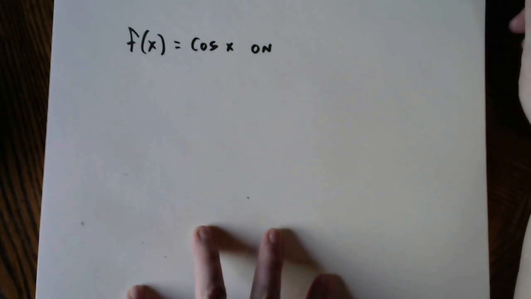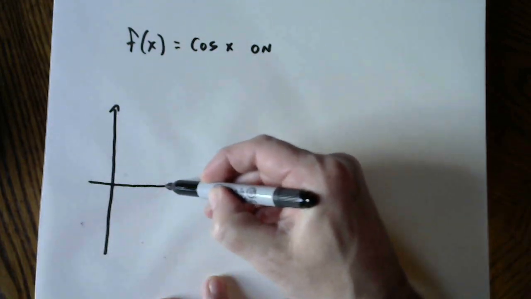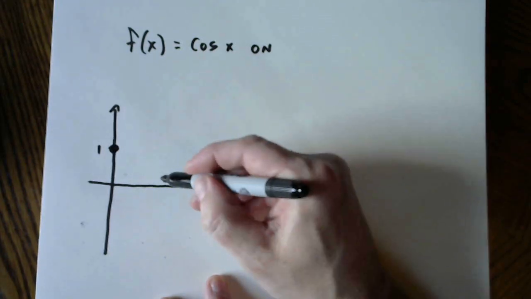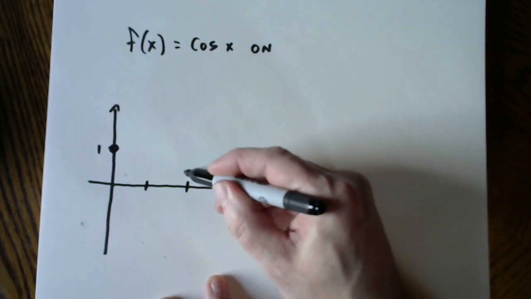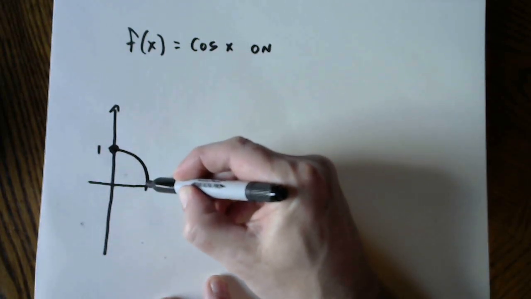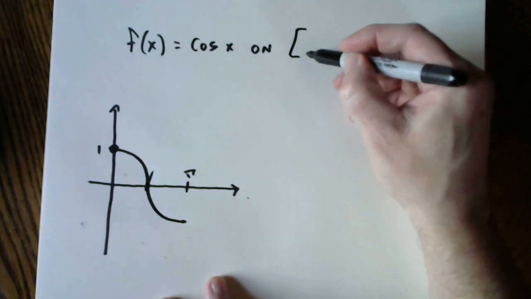Let's pick an interval here. Let's think about what the cosine function looks like. This is 1, so that's my y-intercept. And we'll call this pi, which means this is pi over 2. And we'll stop there. So let's say 0 to pi over 2.